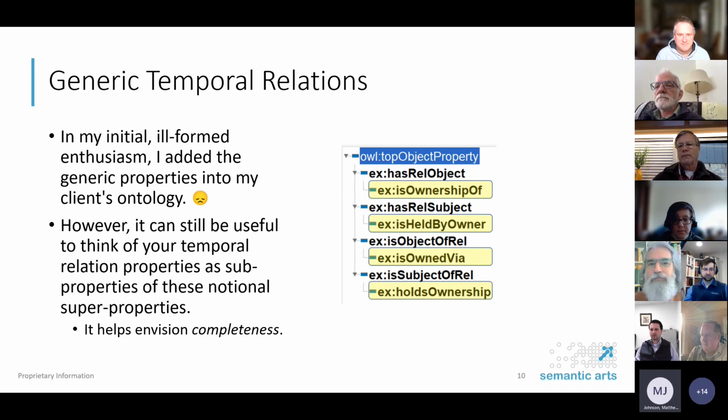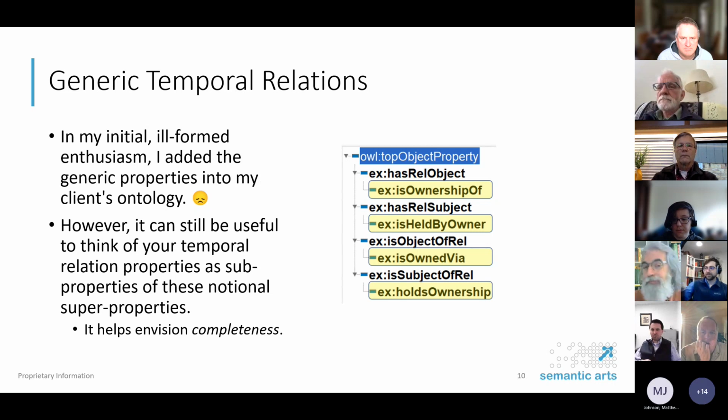From a definitional point of view, I agree with you at the very beginning that if you just start with those generic ones, and you only have those generic has rel object and rel object via, that's actually not super useful, because it might be meaningful for you who's writing the ontology, but for anybody reading it, it's not very useful. So you do need all those holds ownership and so on. But I've found that the super properties are useful for the reason that Michael just said.